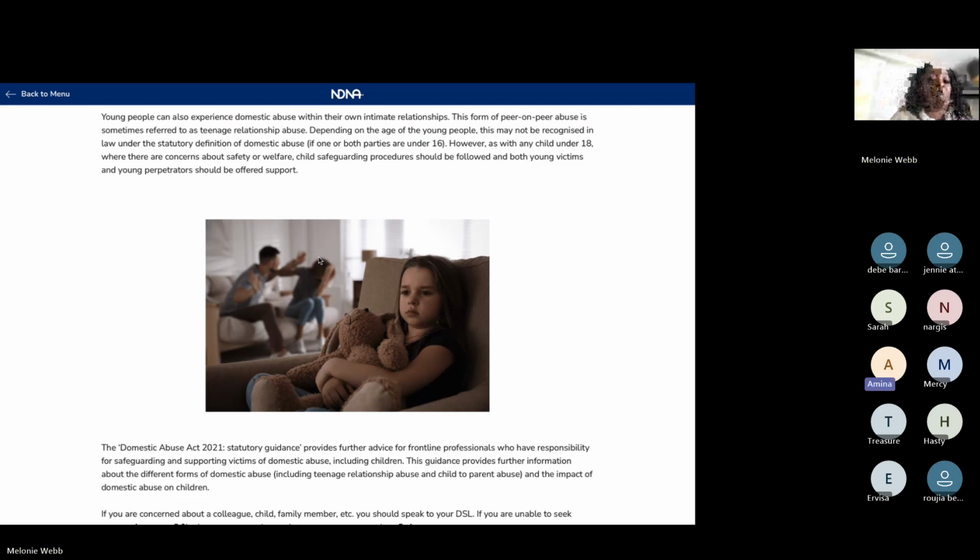Isn't it that they can't communicate properly with words? That's why they use their hands, isn't it? I think it's that, because not everybody's speech and everything is developed properly. I don't know if it's to do with them not being able to communicate properly. I think it's more about coping with emotions. That's why they lash out.